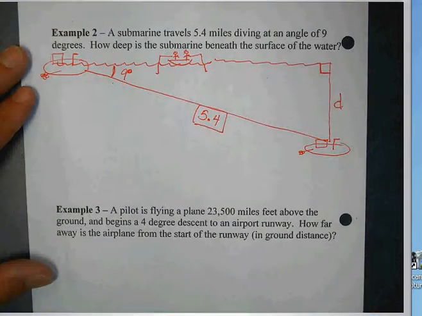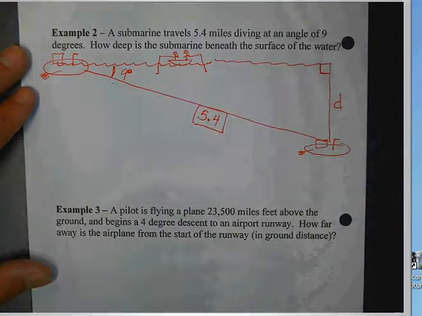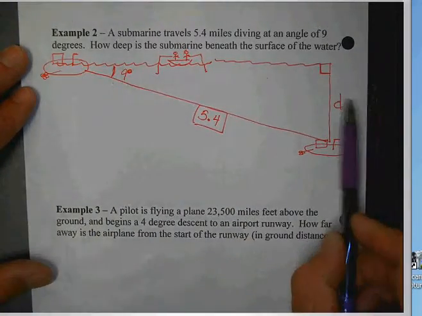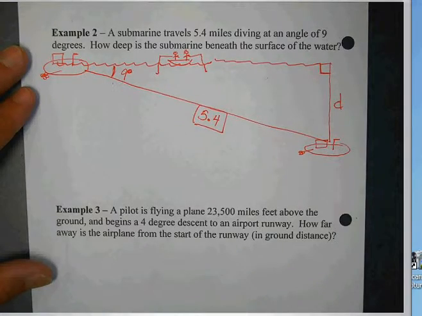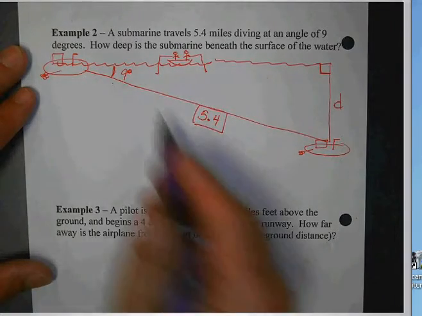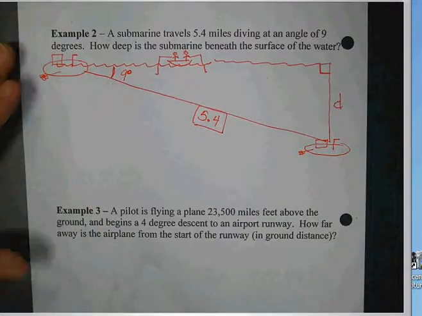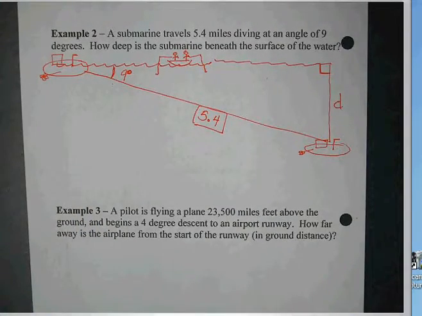Compared to my angle, what word is the D? Is it hypotenuse, adjacent, or opposite? Would you know what adjacent means? Next to. Is this D next to that angle?